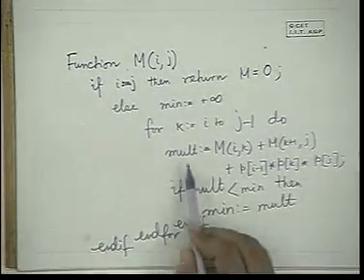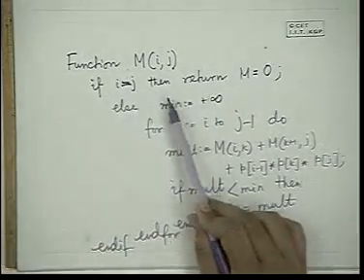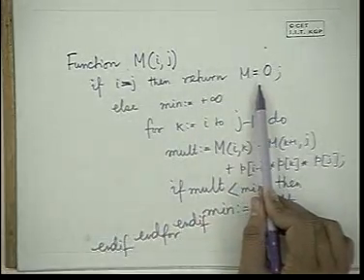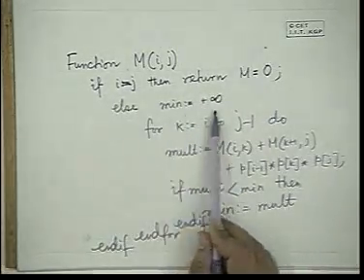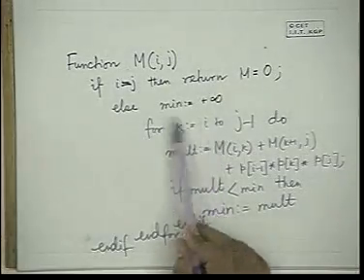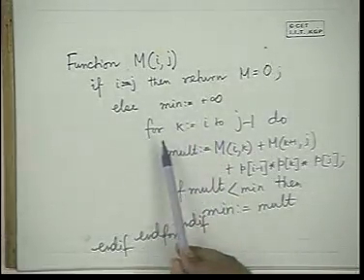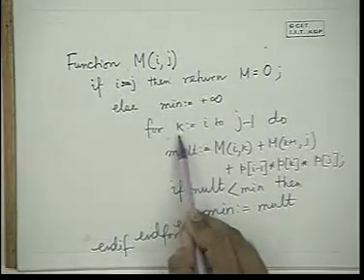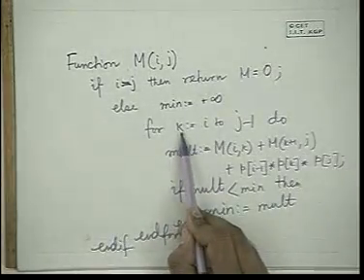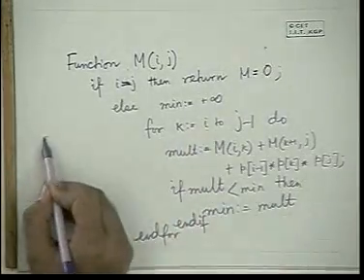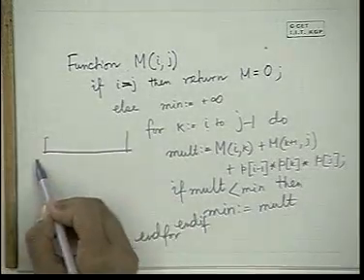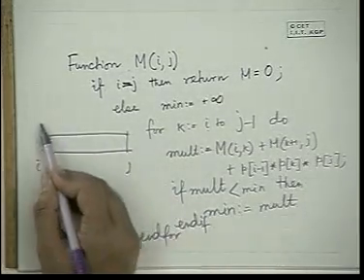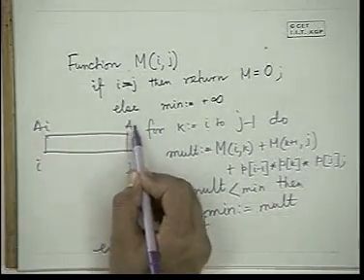So what I wrote is this: if i is equal to j, then return m is equal to 0. Else, minimum is infinity. You just set it up, because this will get decreased in the algorithm. For k from i to j minus 1, look at i and j. So this is ai and aj here.